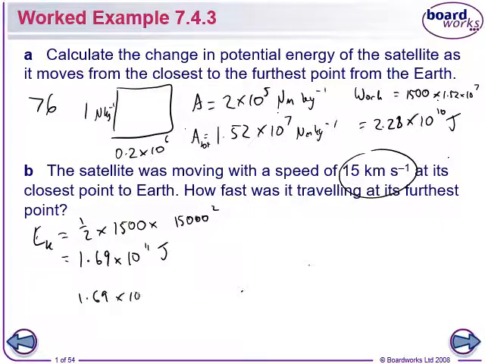1.69 times 10 to the 11 minus 2.28 times 10 to the 10.